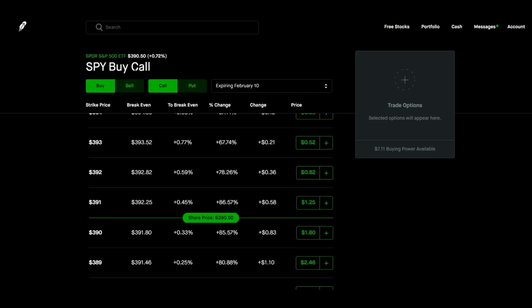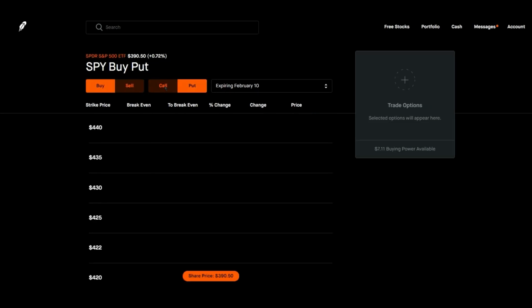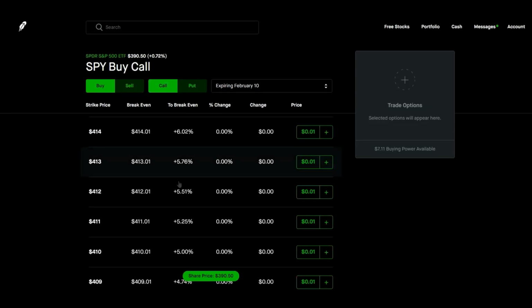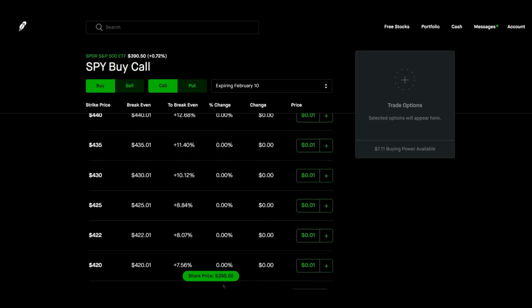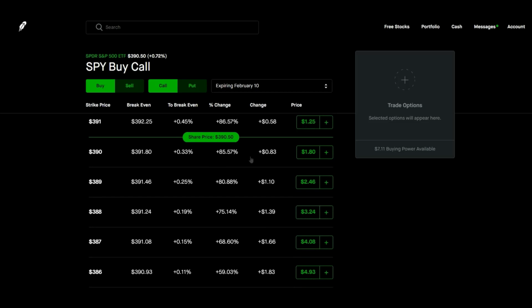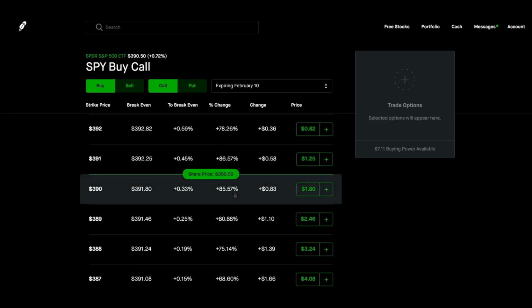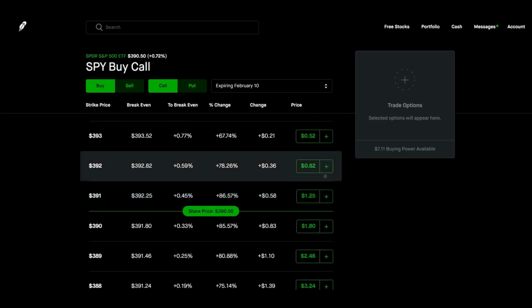So right here on the top left under SPY buy call, you can see that I have buy and sell, and I have call and put next to my expiration dates. So when you are buying a call option, I'm way over the price. Let me get back down to the price. When you're buying a call option, you are paying a premium.